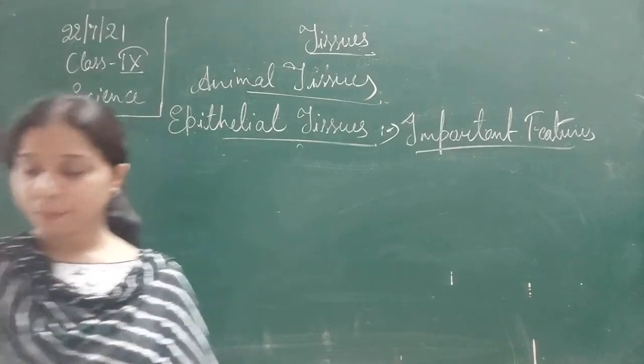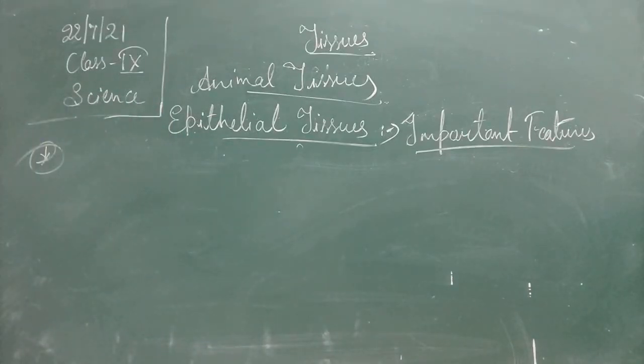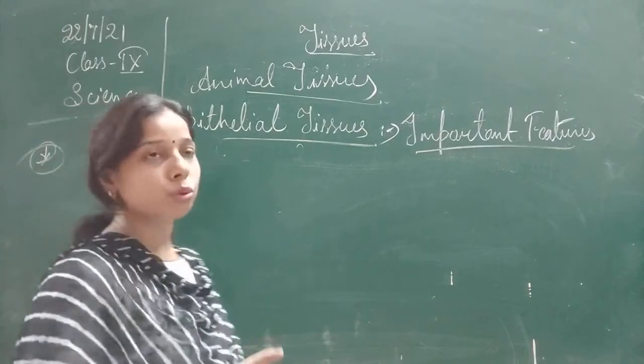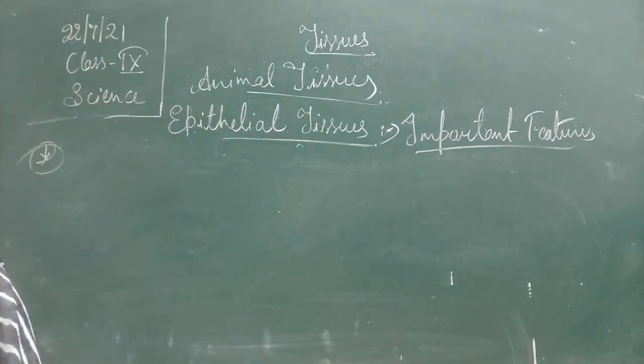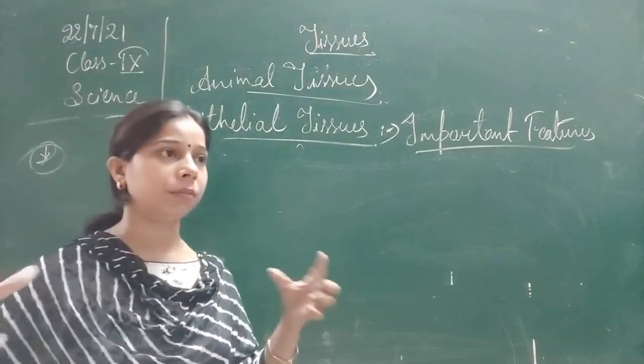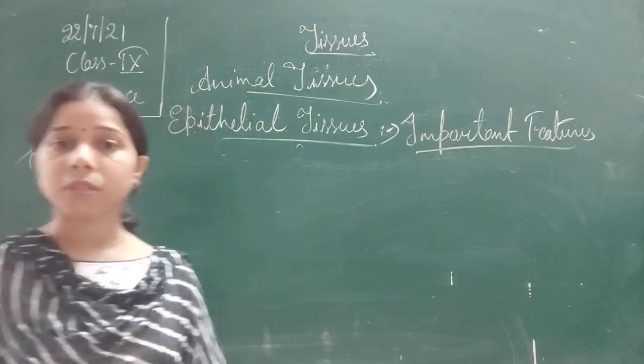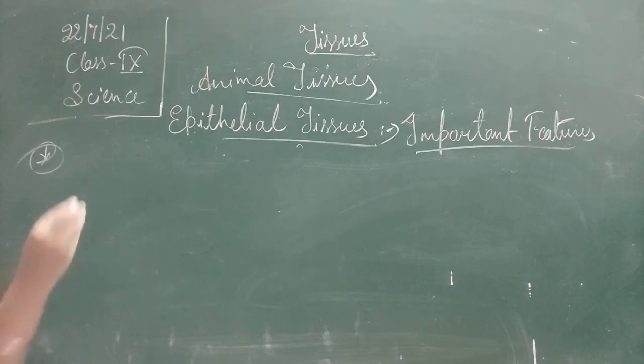First one is, these are present very close to each other. That is why they say that it is a continuous layer also. Okay, highly closed and form a continuous sheath.